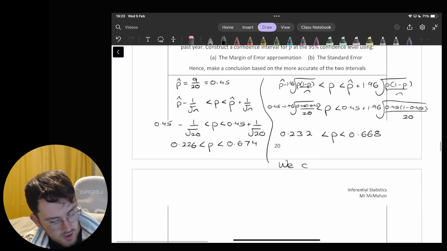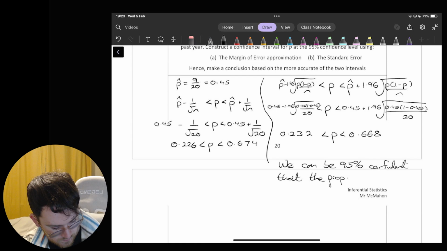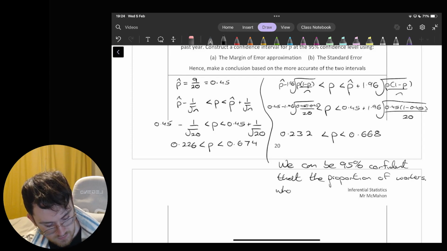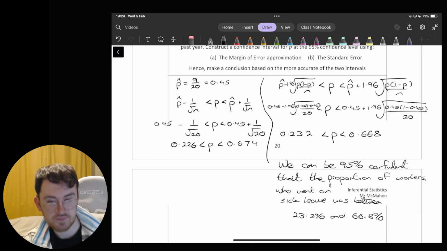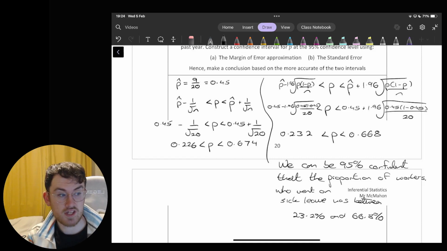Our conclusion is that we can be 95% confident that the proportion of workers who went on sick leave was between about 23.2% and 66.8%. Still quite a wide range.